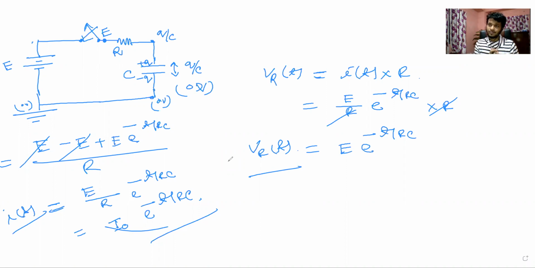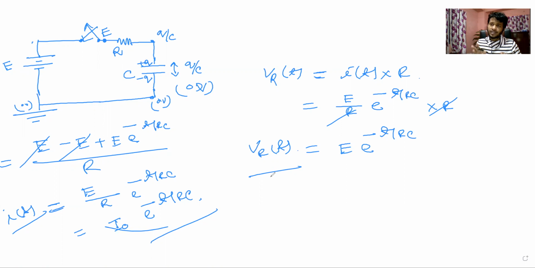Yes, sir. Only during the transient period of the charging phase of the capacitor, the value of I will change, the value of VC, that means the voltage across the capacitor, will change over time. The voltage across the resistor will change over time. The amount of charge stored on the capacitor will change over time during the transient period, isn't it? Right? Yes, sir.